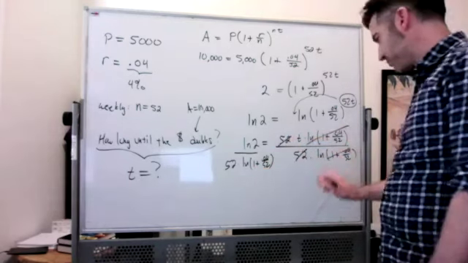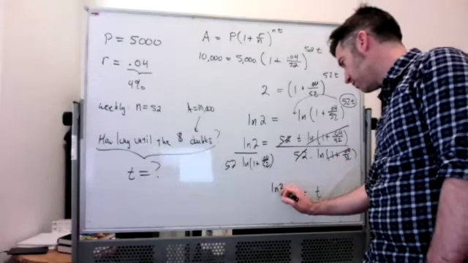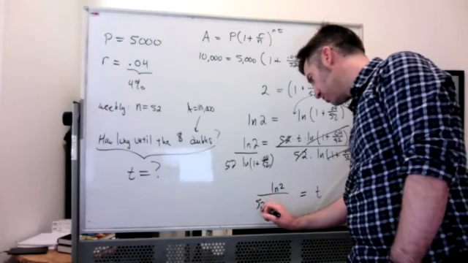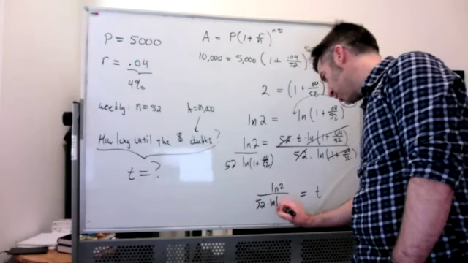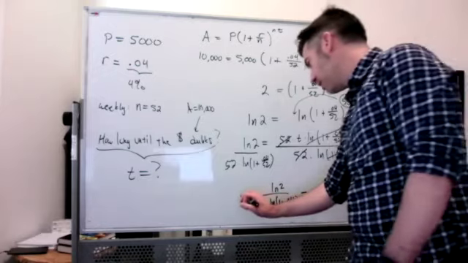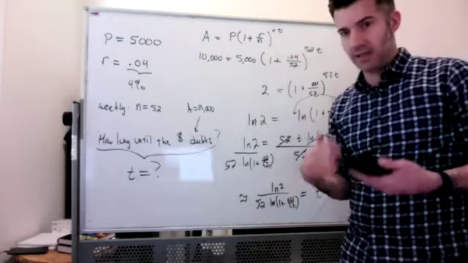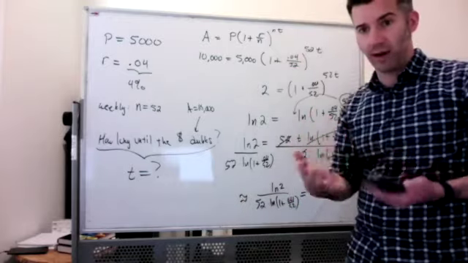These cancel. So t is equal to the natural log of 2 divided by 52 times the natural log of 1 plus 0.04 over 52. And then if I'm using a calculator, here's how I'm going to do this so that it comes out to be as close to the right value as possible.